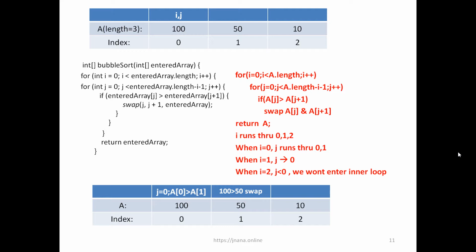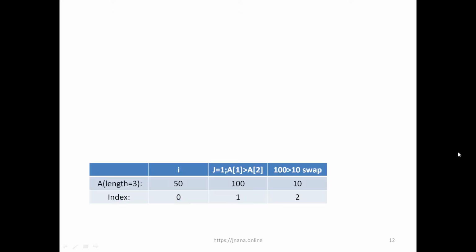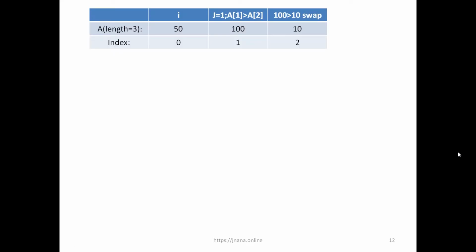Yes, we do a swap. So 100 and 50 are swapped. That is what we have seen in the PPT. 100 is compared with 50 and 100 will swap with 50. So now the first element is 50, the second element is 100 and the third element at index 2 is 10.